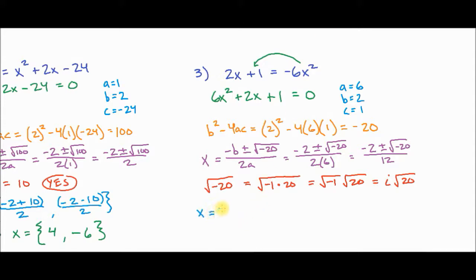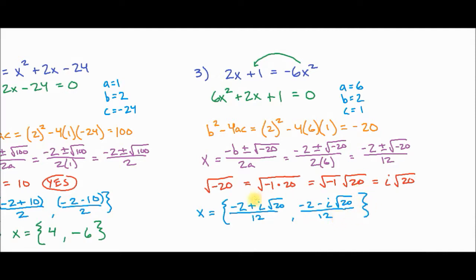So x is equal to either negative 2 plus i times the square root of 20 over 12, or negative 2 minus i times the square root of 20 over 12.